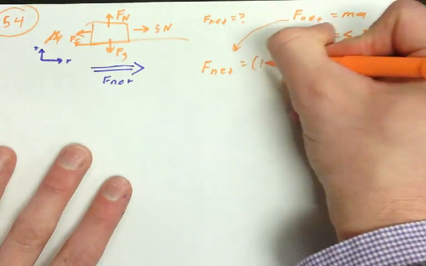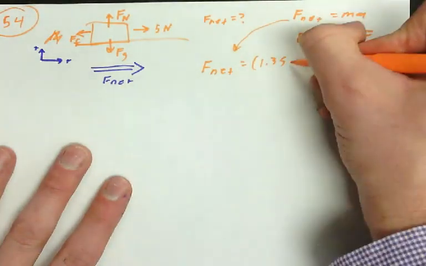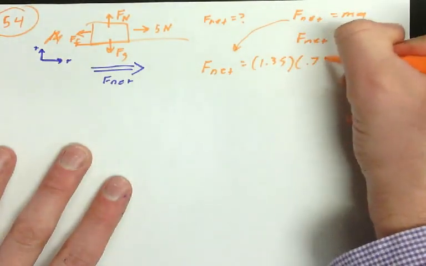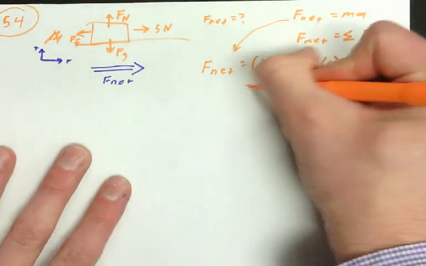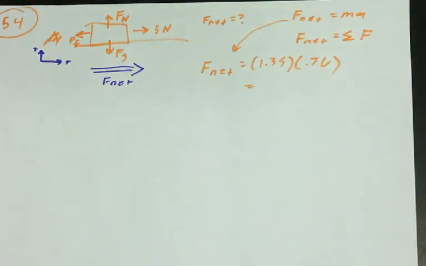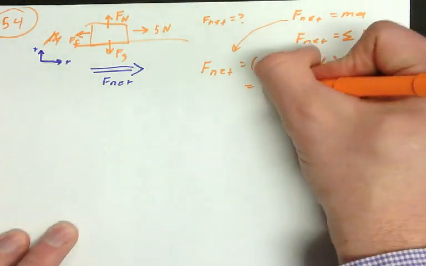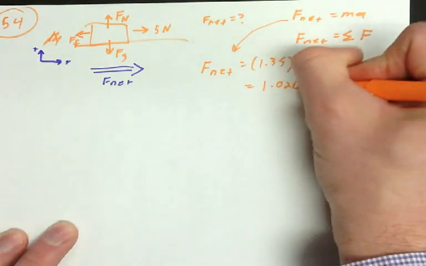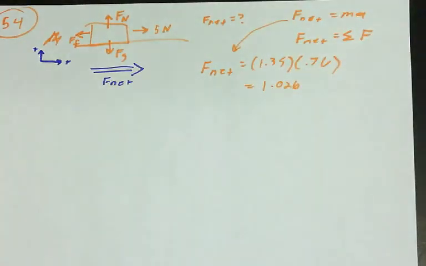F net is 1.35 times a, 0.76. Okay, that gives me a net force of 1.026. It's that simple. Finding the net force is that simple. Just got to multiply the mass and acceleration, or you just add the forces.